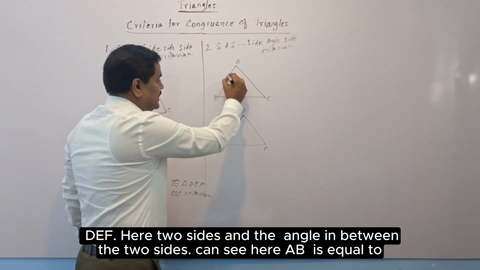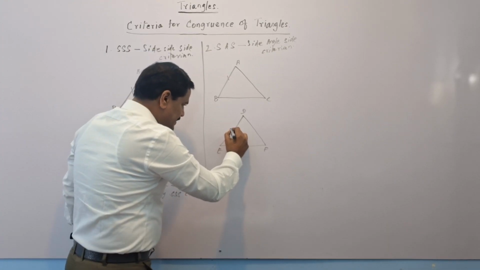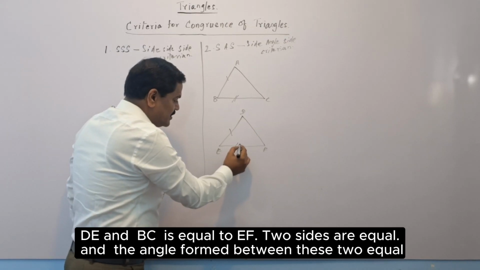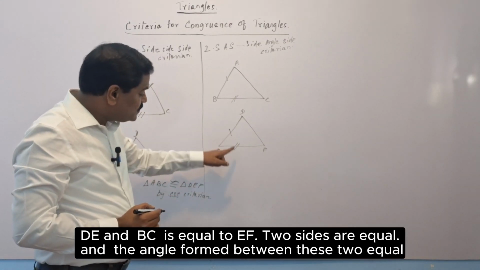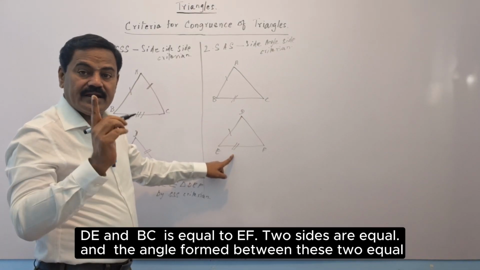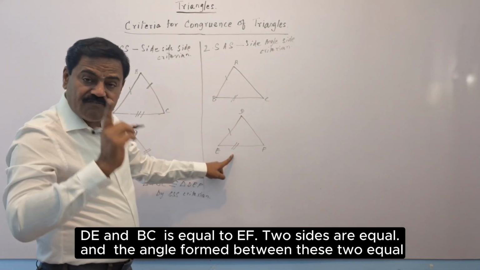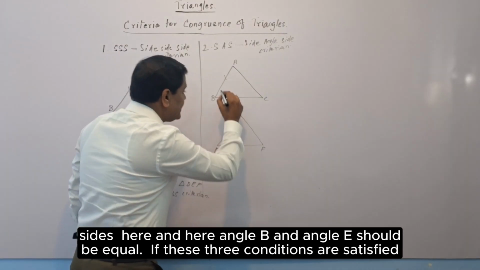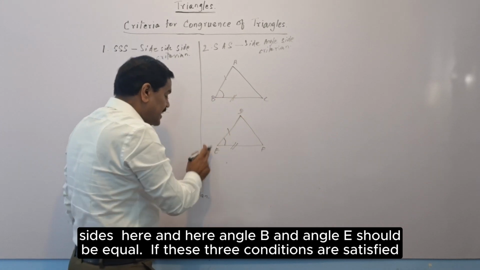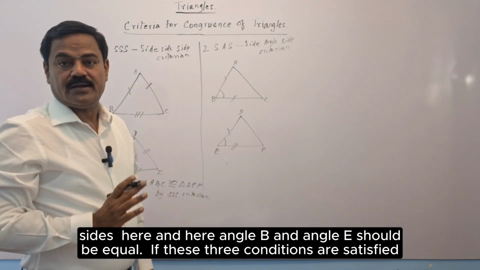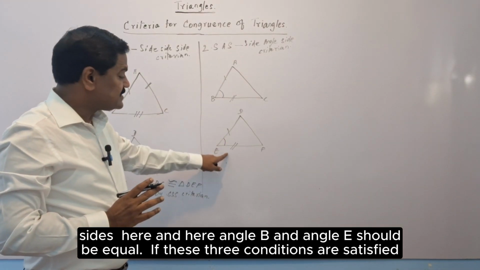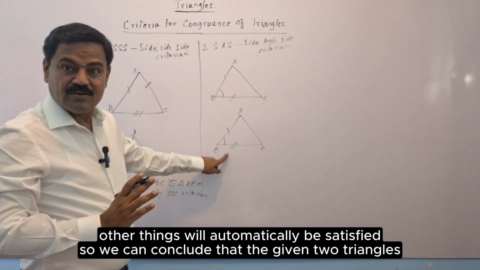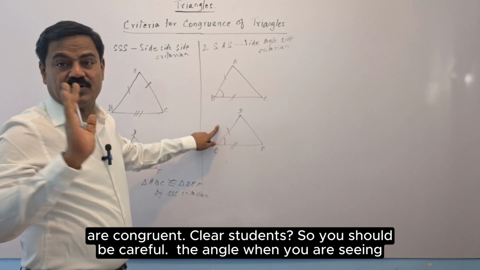You can see AB is equal to DE and BC is equal to EF. Two sides are equal, and the angle formed between these two equal sides, angle B and angle E, should be equal. If these three conditions are satisfied, the other things will automatically be satisfied, so we can conclude that the given two triangles are congruent.